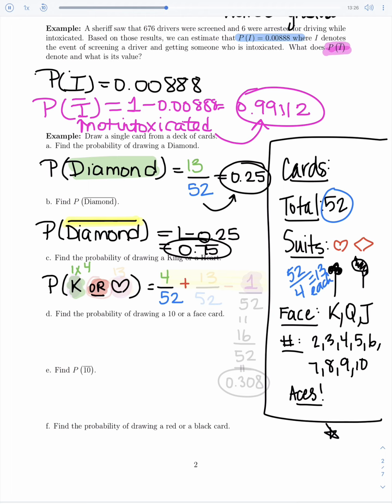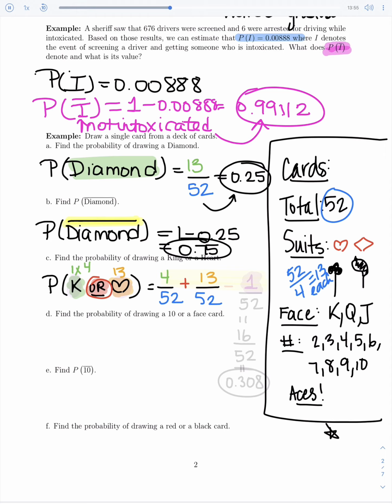Remember, the or meant that we were going to add. Now we have to find the probability for the hearts. How many hearts are there in a deck? That is a suit. We said there's 13 cards in each suit, so we'll do 13 out of 52. Now, the only problem when you're doing the or, the adding, is you have to be careful.